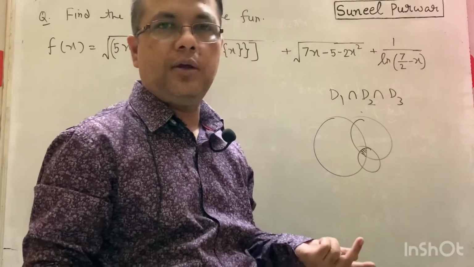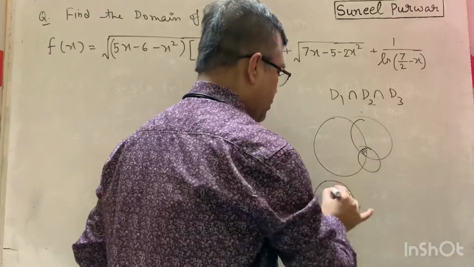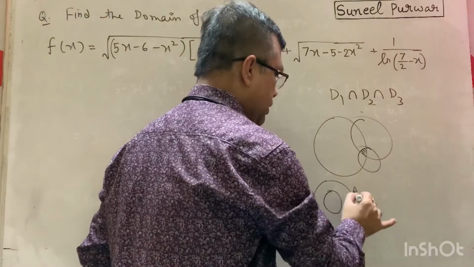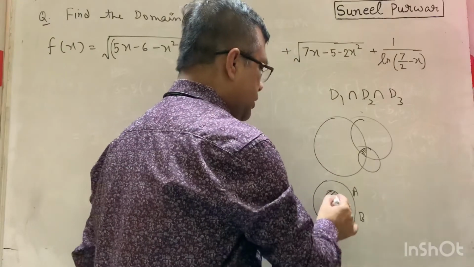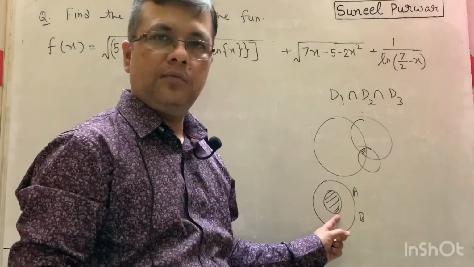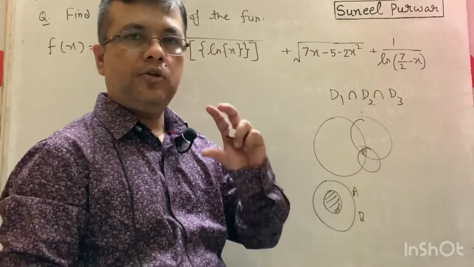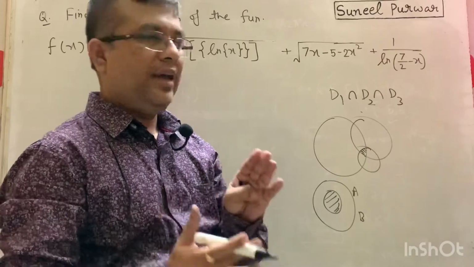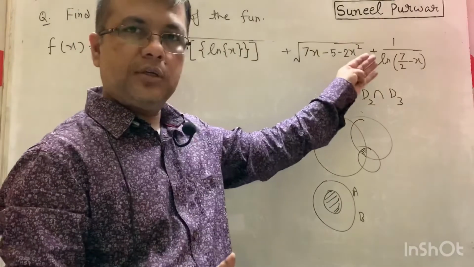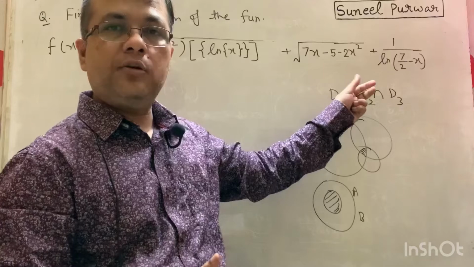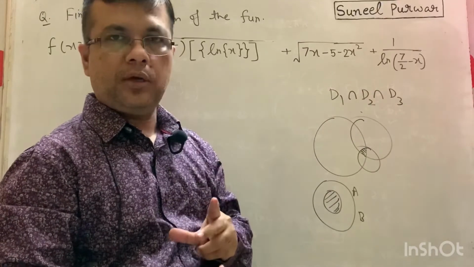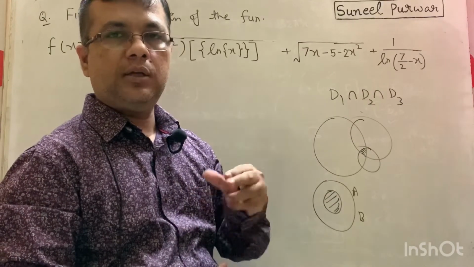At most it can be equal. For example, in this case, say this is A, this is B. So what is A intersection B? B only, which is the smaller set here. So that's why you should always first hit that part of the function whose domain you expect to be the smallest set.